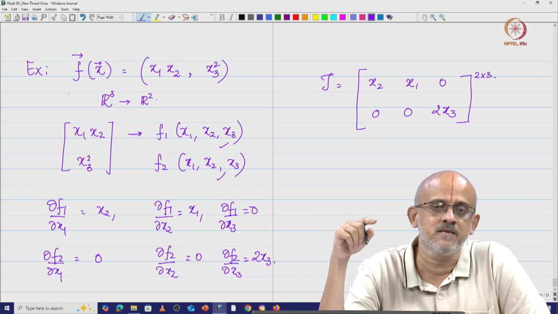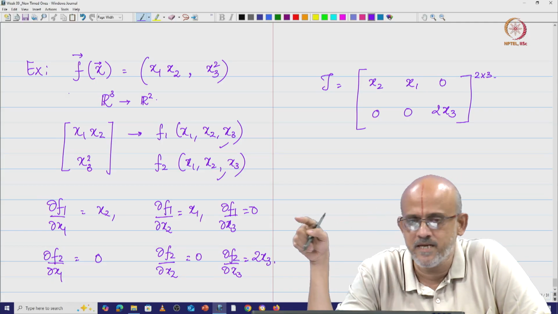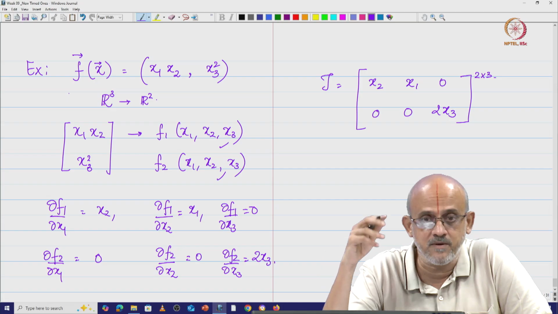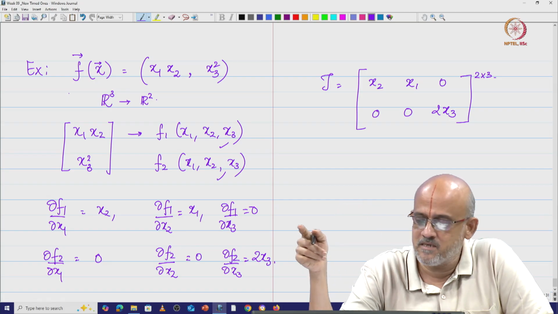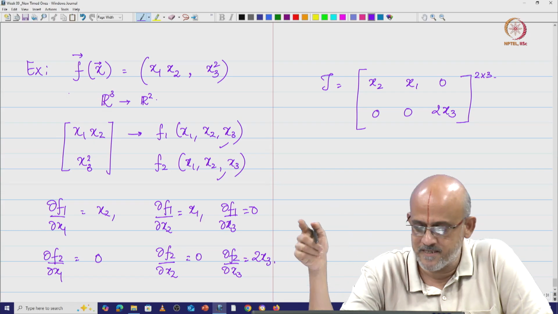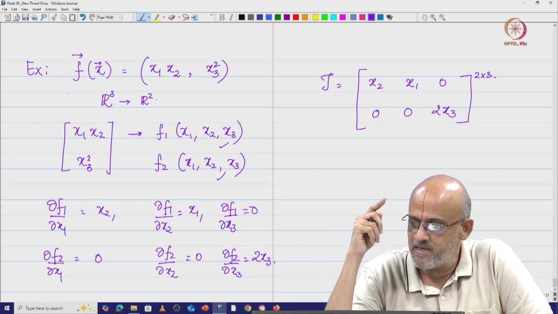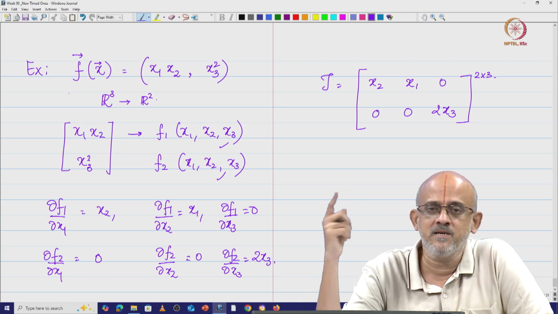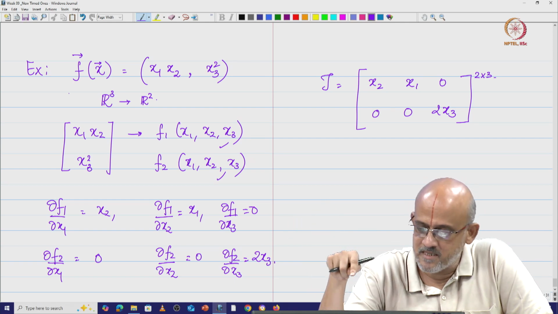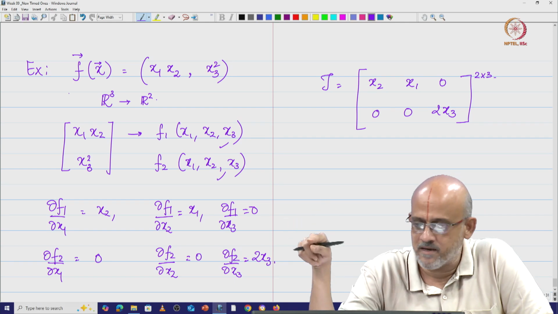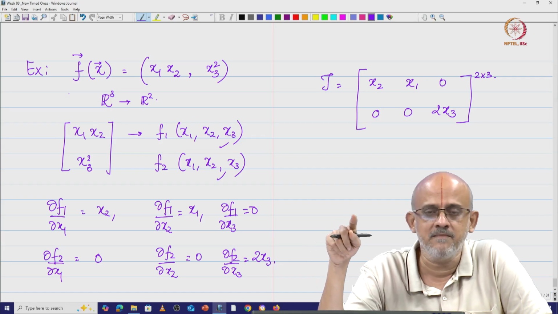You remember when we did gradient, we also spoke about this. You could also put the gradient as a column vector, in which case the dimension of the Jacobian matrix will change. If you take the gradient to be a column vector, the Jacobian becomes an n by m matrix. In case you take the gradient as a row vector, the Jacobian becomes an m by n matrix.